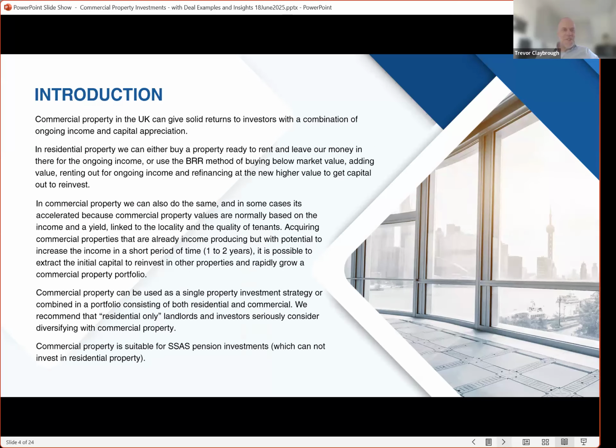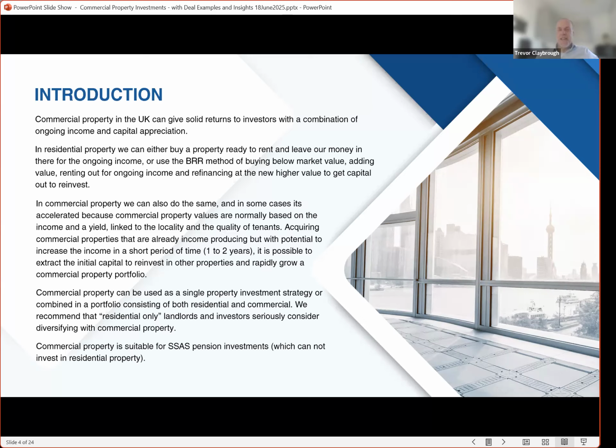So I'll do the fast introduction, and then at some point we'll listen to Duncan rather than myself. Commercial property in the UK can give solid returns to investors. As in residential, we're looking at ongoing income and capital appreciation, and in exactly the same way as many of you will be familiar with in residential, the buy, renovate, rent out and refinance model, to get most of the deposit money out and recycle it into the next one.